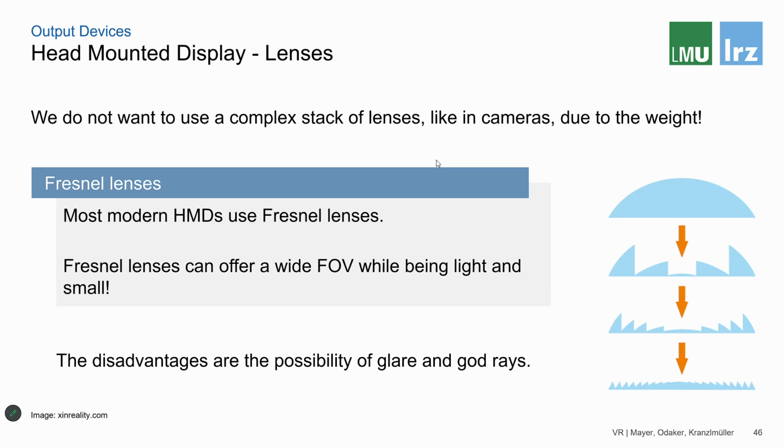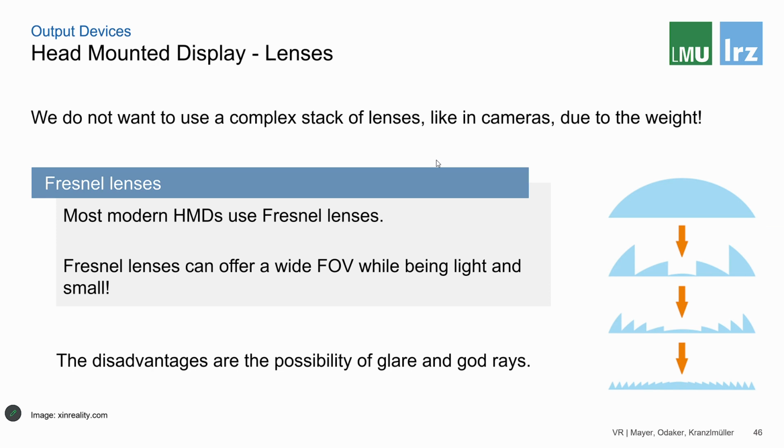If you look at the Fresnel lens, it looks like it has lots of little rings and little grooves all around. That gives you a lens that is a lot smaller, a lot lighter, and usually has, in terms of refraction, a very similar effect to a normal lens. So that is very good.